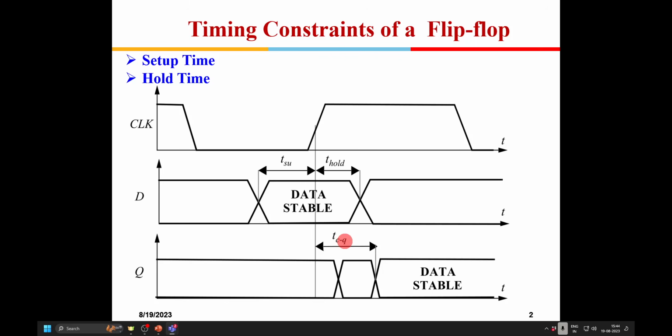From the clock till Q is output, Q is available. Q means Q and Q bar both are available by that time, so generally together we call it Q here. So these are the three figures of merit associated with the flip-flop.